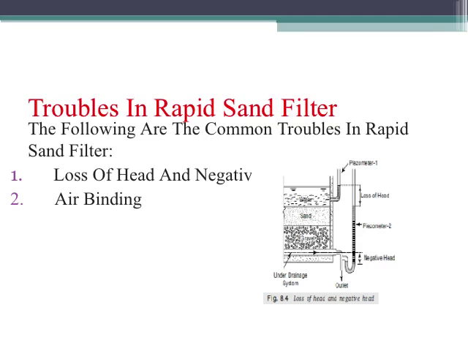However, the loss of head goes on increasing eventually, as more and more impurities get trapped in it. A stage is finally reached when the frictional resistance offered by the filtering media exceeds the static head of water above the sand bed. Most of this resistance is caused by the top 10 to 15 centimeter sand layer.